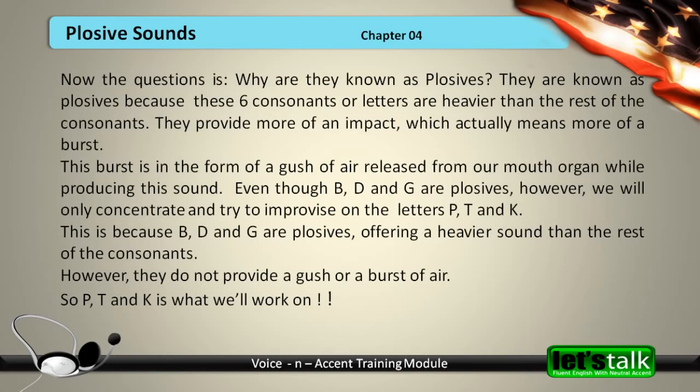Even though B, D and G are plosives, however, we will only concentrate and try to improvise on the letters P, T and K. This is because B, D and G, though offering a heavier sound than the rest of the consonants, do not provide a gush, or a burst of air. So P, T and K is what we'll work on.